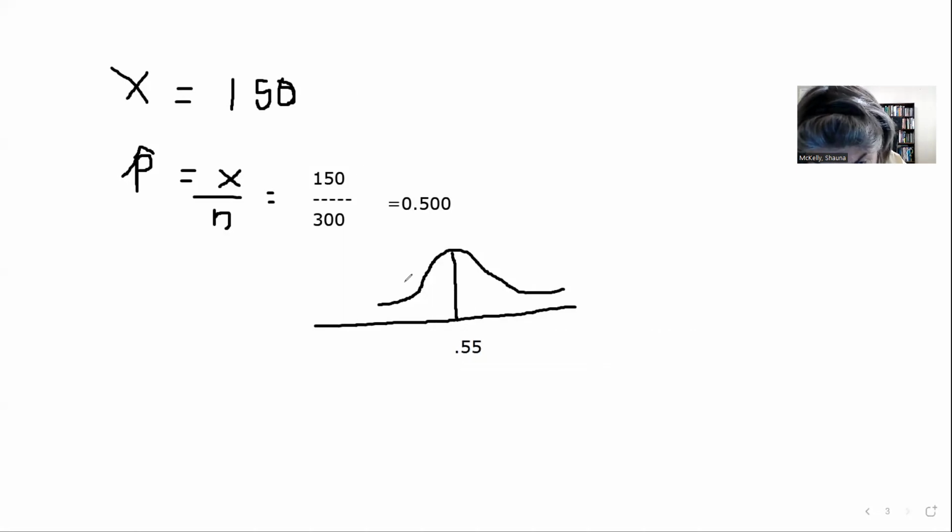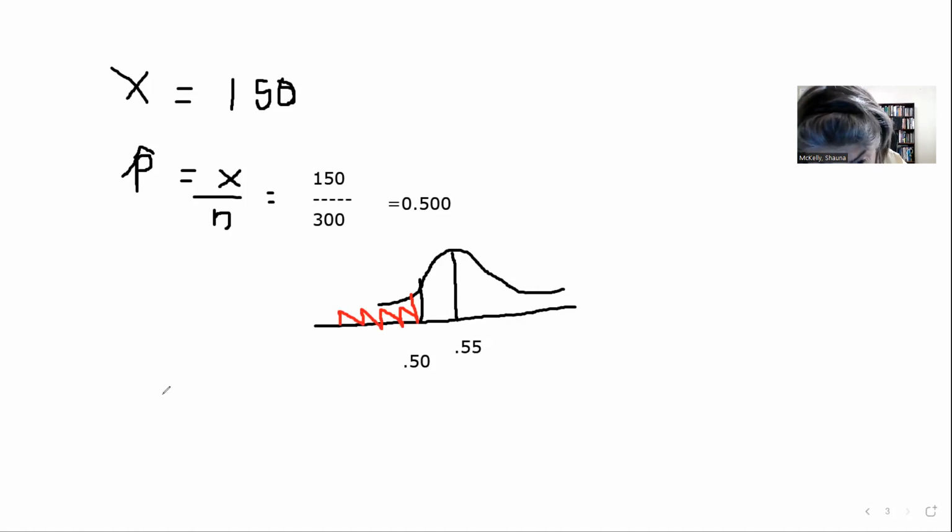So 50% is going to be somewhere here. And we're looking for less than. So in this case, we want this part of our distribution, right?